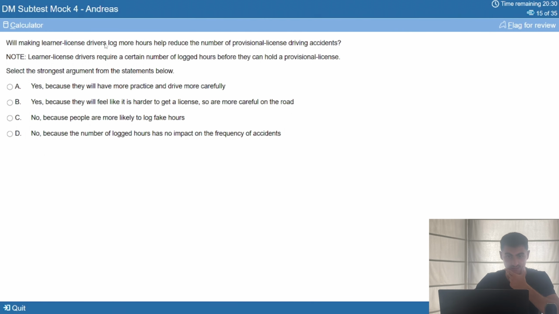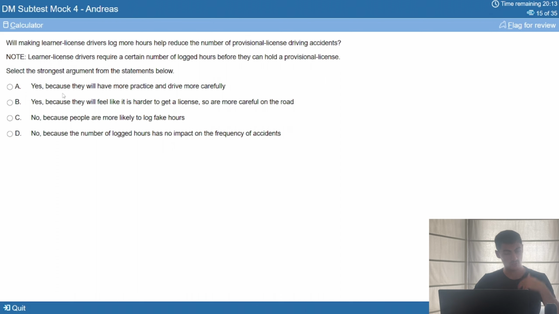Will making learning license drivers look more help reduce... So we're talking about accidents and making license drivers more hours, okay, to reduce the number of accidents.